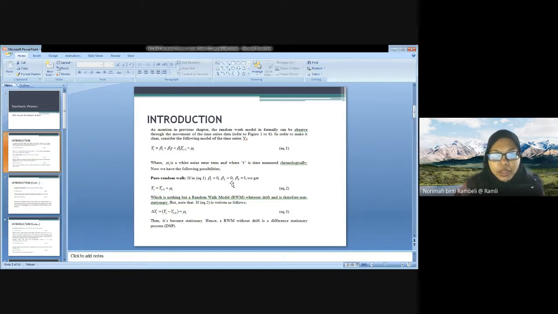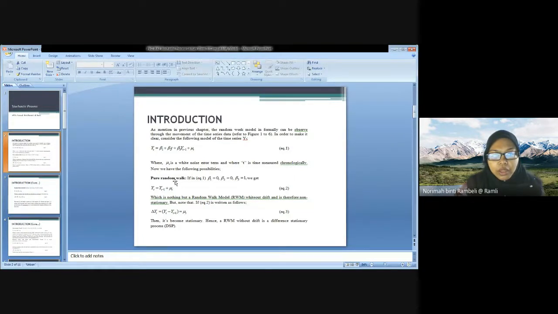Equation 1 can be considered a linear function where u_t is the error term, which we call a white noise error term, and t is a time measurement chronologically, meaning that it is continuous data.